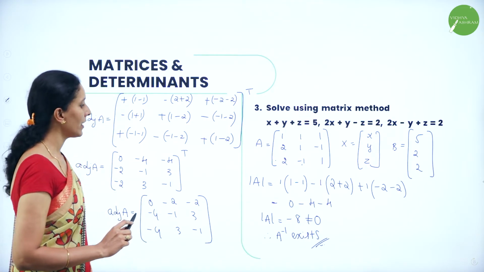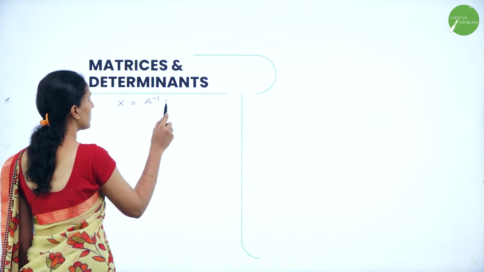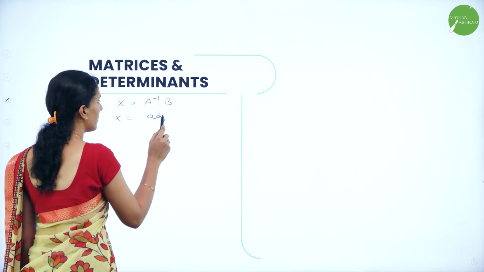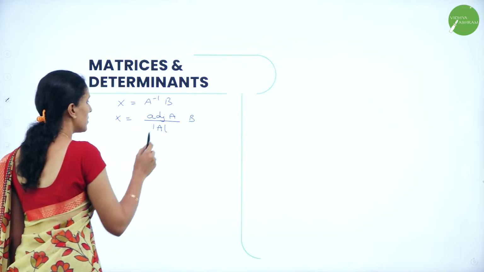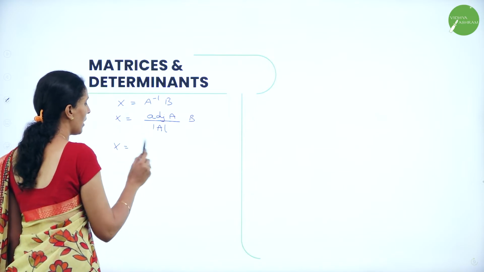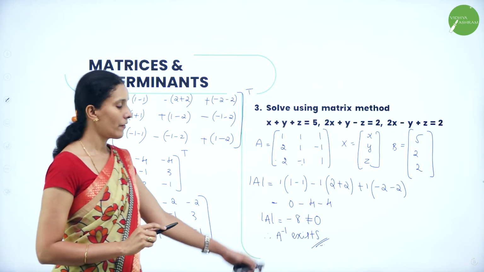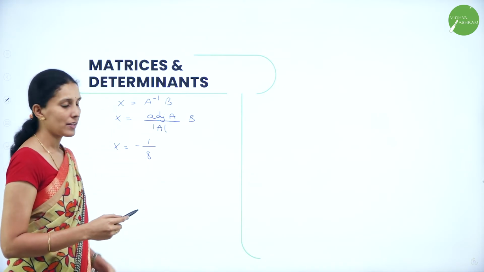So after finding adjoint A, we have an equation x is equal to A inverse into B. So x can be written as adjoint A divided by determinant A into B. So let me write the determinant A separately. We have minus 8 as a determinant. So I'll write 1 by determinant A as minus 1 by 8.